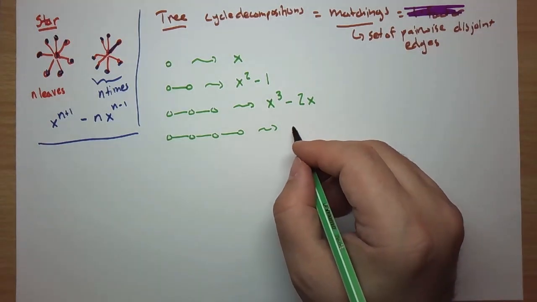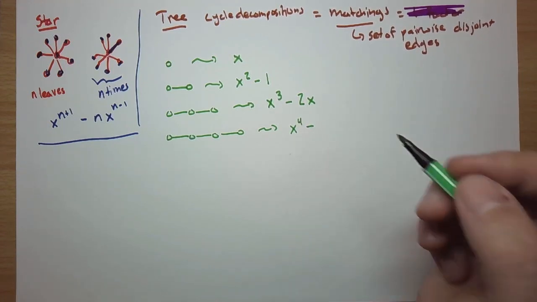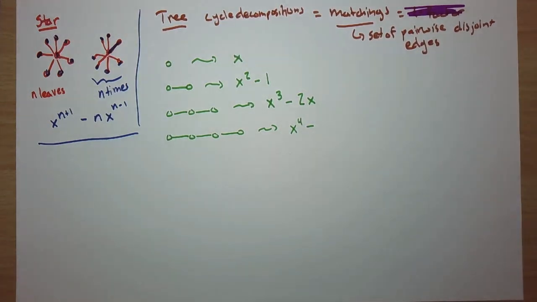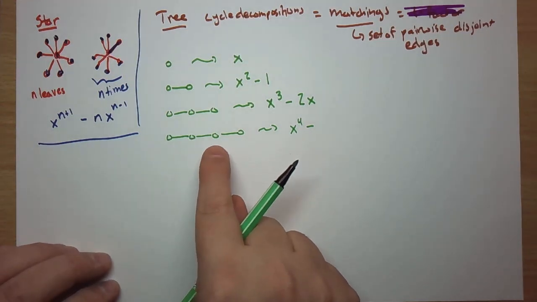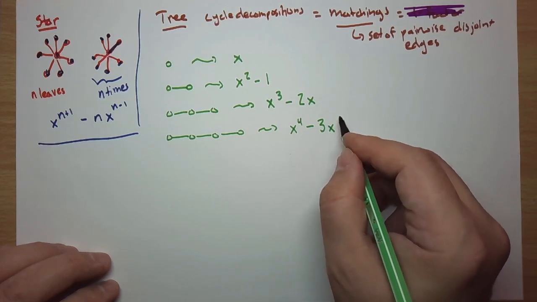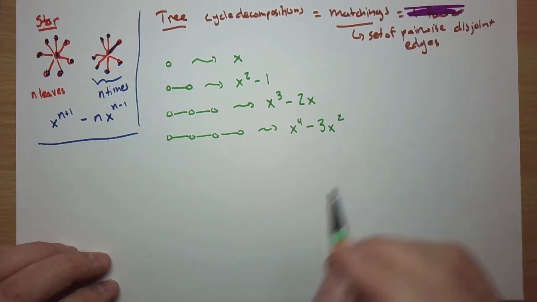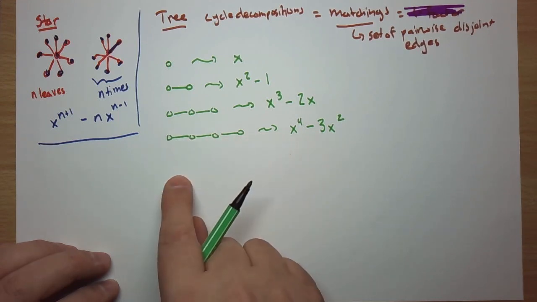So, okay, we have x to the 4th. No matching, no edges in our matching. Now, if there's one edge in our matching, how many ways are there to have one edge? 3. And it'll be 3x to what power? It'll be x squared, because one edge will use up 2 vertices, so we have 2 unused vertices.